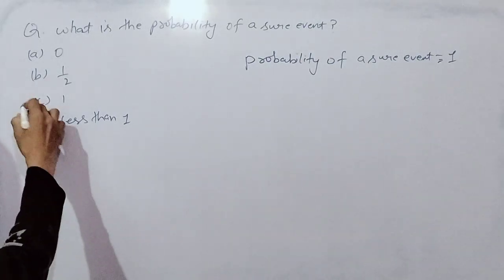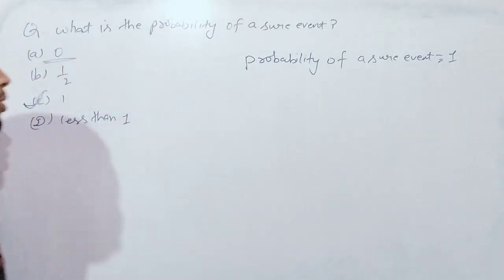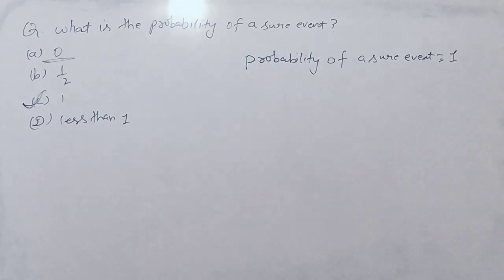So this would be the answer. 0 is for impossible.